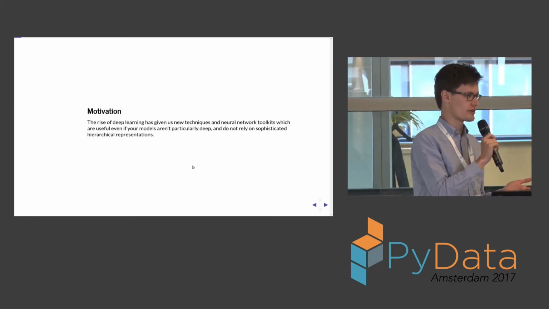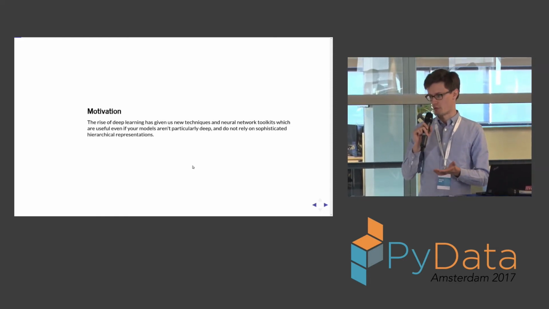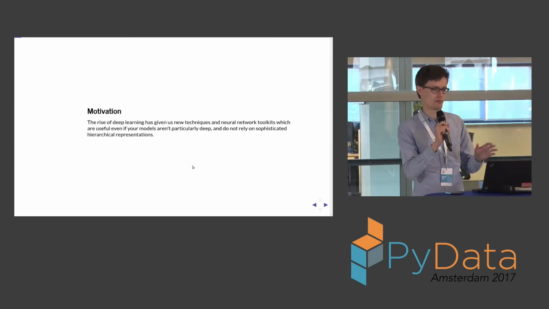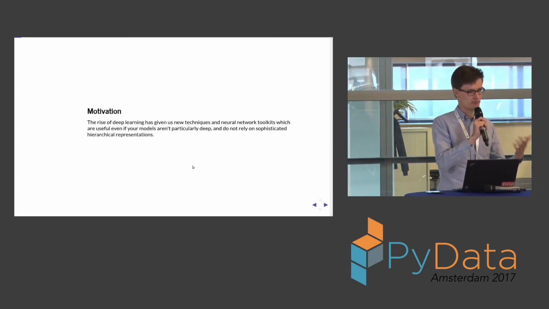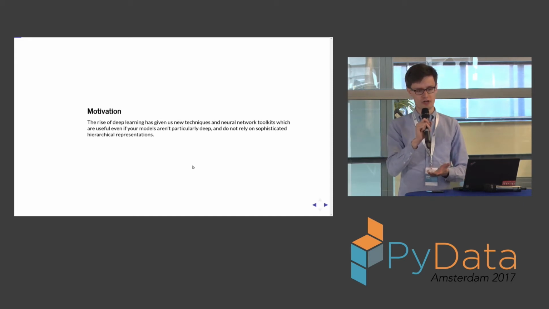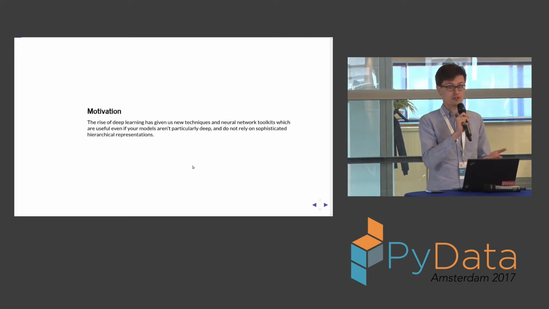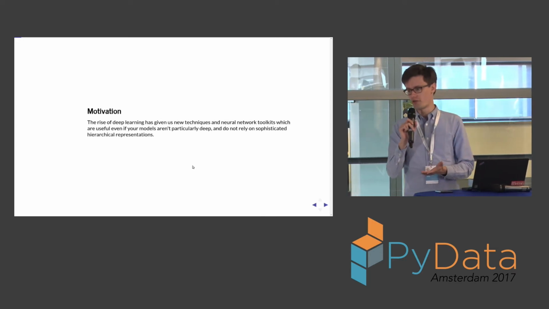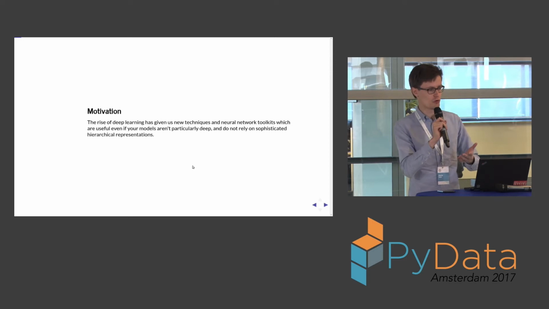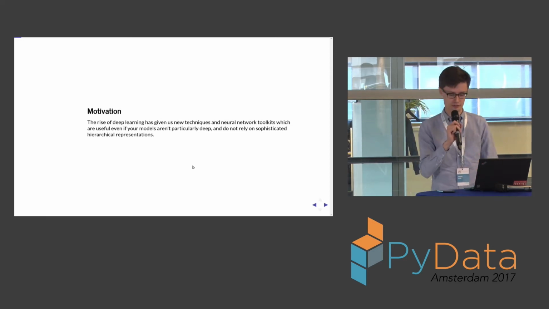Probably the best recommender system you can deploy straight away in your application is to just recommend the most popular item to everyone, and it'll do amazingly well and get you 60% of the way. The other workhorse of the recommender systems literature is the matrix factorization models, which are extremely simple and, again, work very well. So really, what's the draw of deep learning? What's the draw of neural network toolkits for doing recommendations?